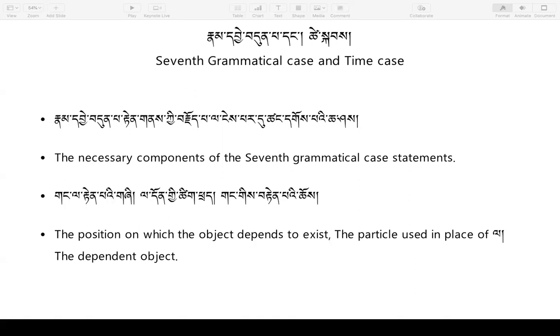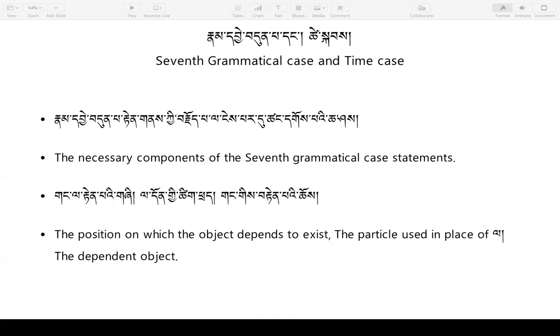And the components are first the kangla tembishi, the position on which the object depends to exist. So it's the position where the object exists. La dungi, the particle used in place of la. Kangiten bichu, the dependent object, whichever dependent object depends on the position to exist, and the relation is shown by the particle used in place of la.